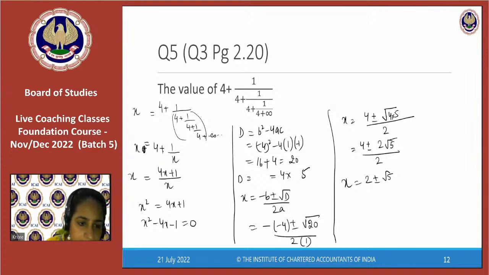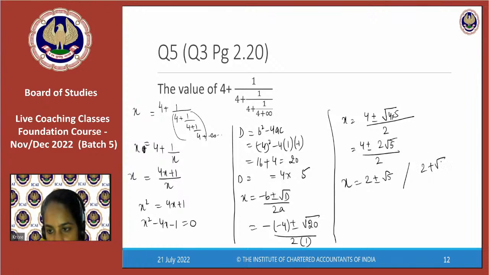We had taken the LCM, cross multiplied, taken everything on one side, treated it like any other normal quadratic equation, and found the value of x. I have taken D, then for the value of D, we have taken the value of x. Being a quadratic equation, you get two answers, 2 plus root 5 and 2 minus root 5.